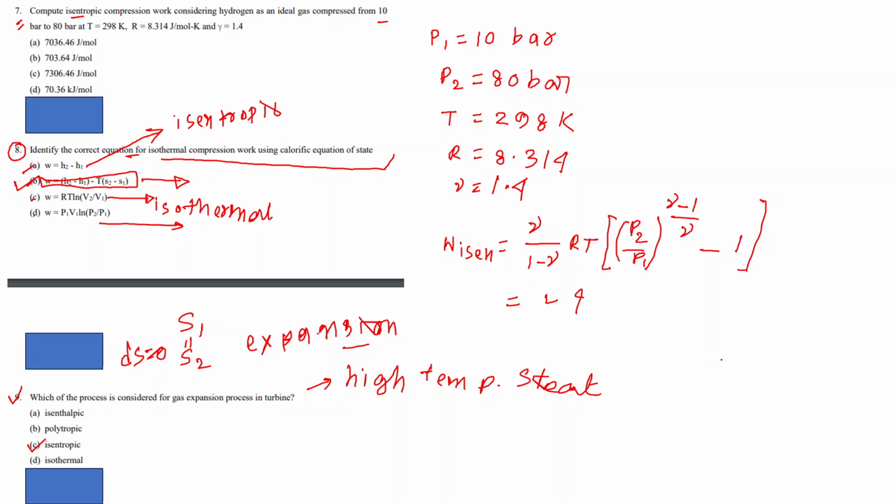But here delta H equals 0, which means H equals constant, H1 equals H2.